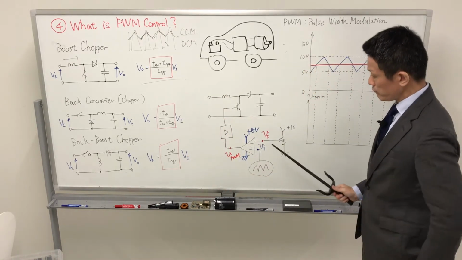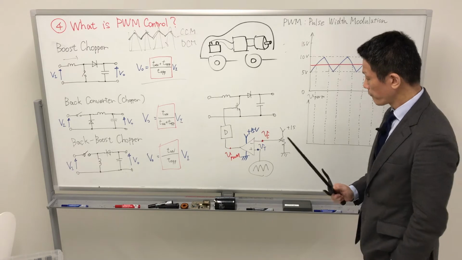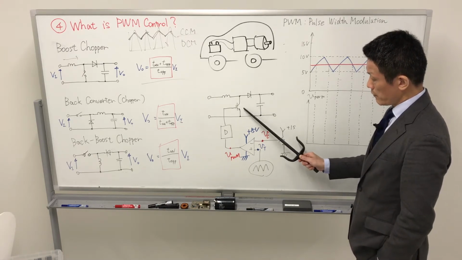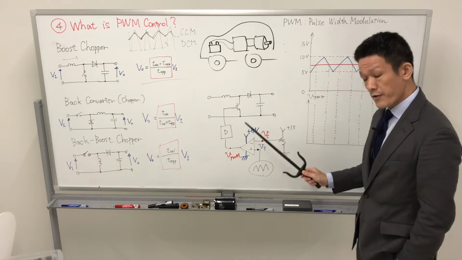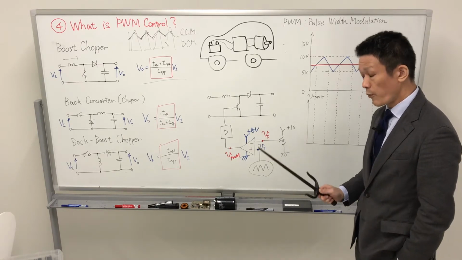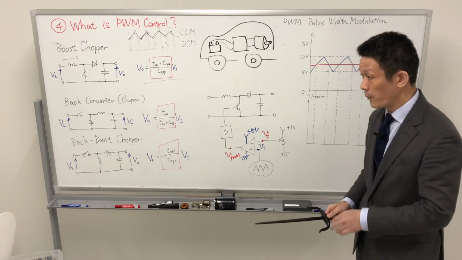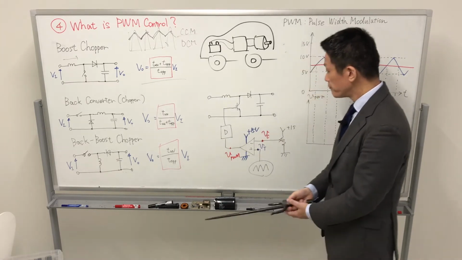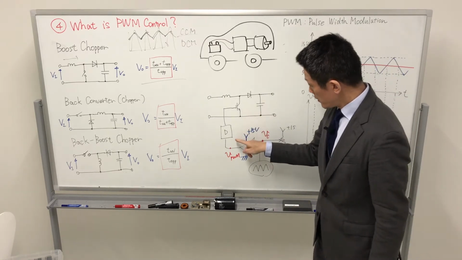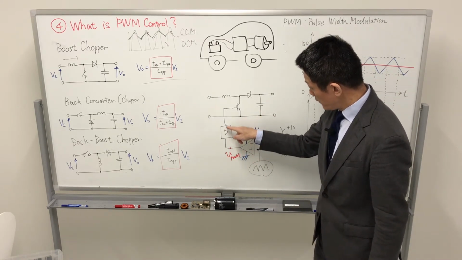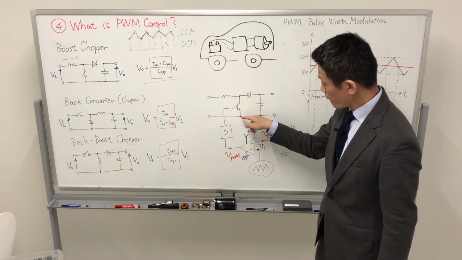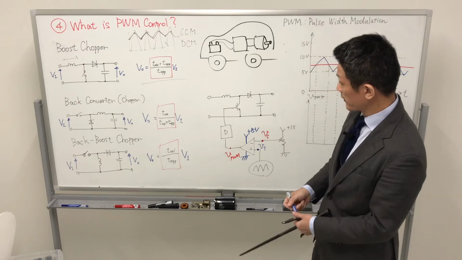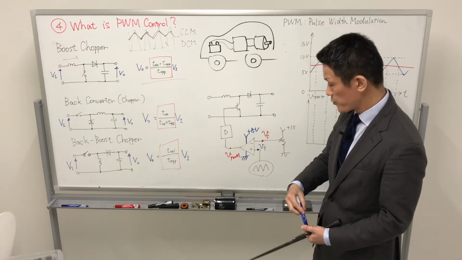In this chopper circuit, this switch operates only with turn on and turn off, like an active switch. So this line requires a turn on and turn off signal.